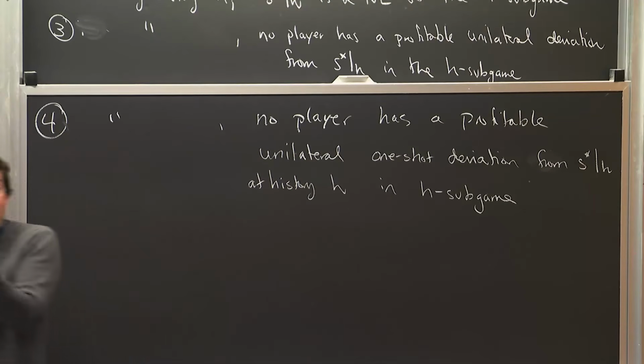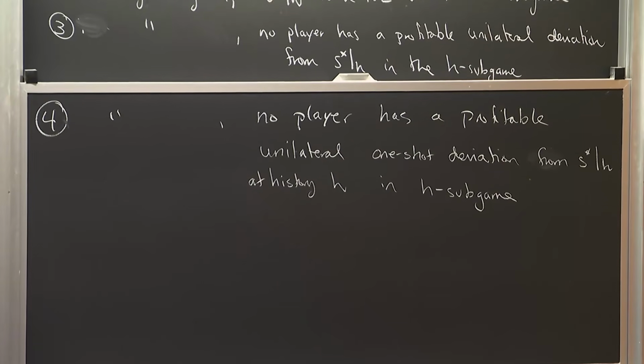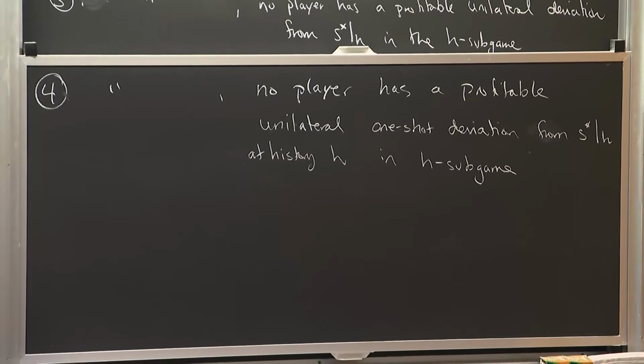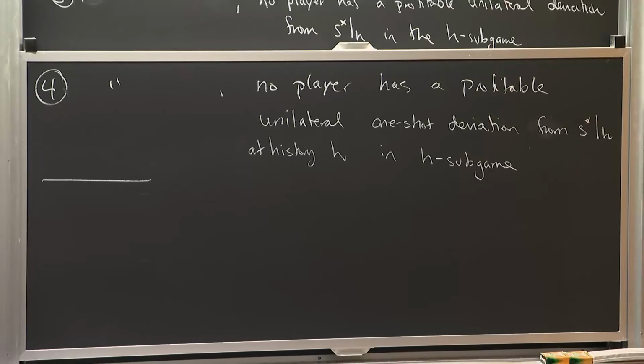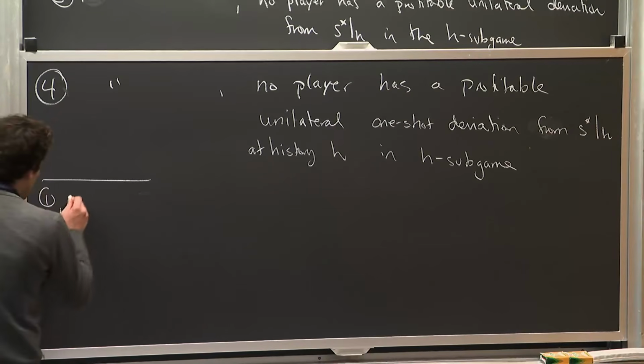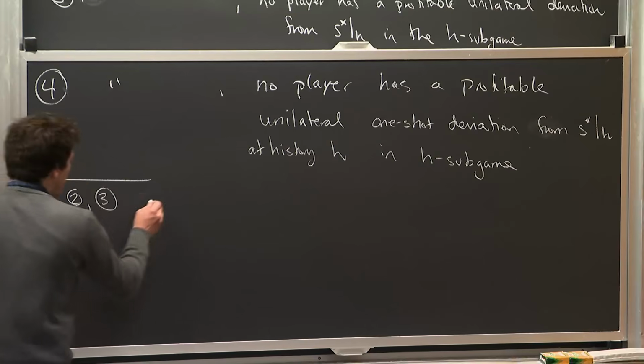We're only considering deviations to strategies that differ from their equilibrium strategy exactly at history H, and at every other history, it specifies the same behavior. So let's understand that one direction of this is easy. 1, 2, and 3 are equivalent by definition.